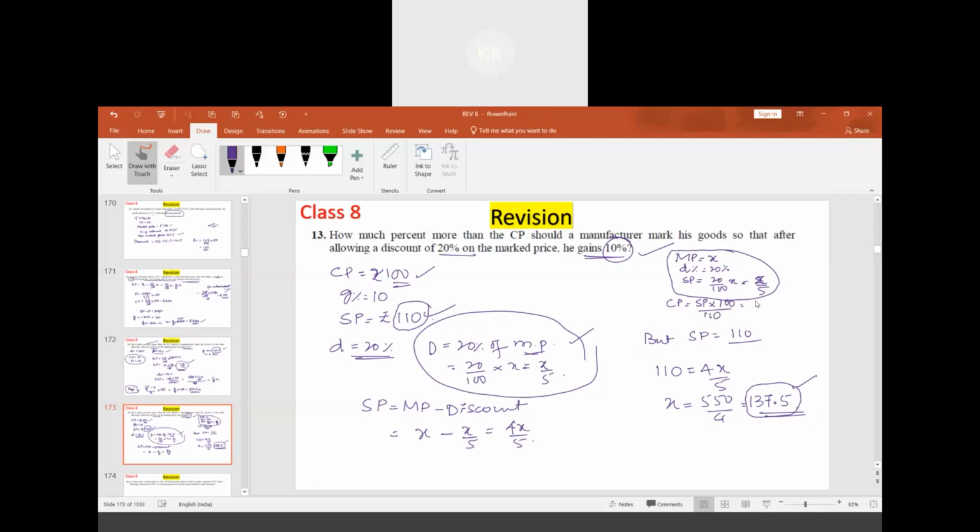Then SP we will take as x, and CP we again want to take as 100. SP as x, or should we take x by 5? Should take x. So I think we have to follow this method.